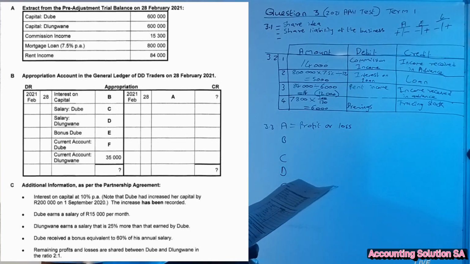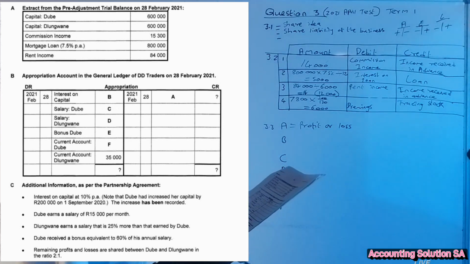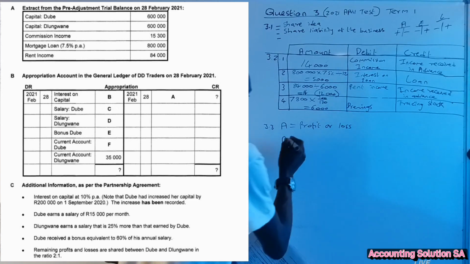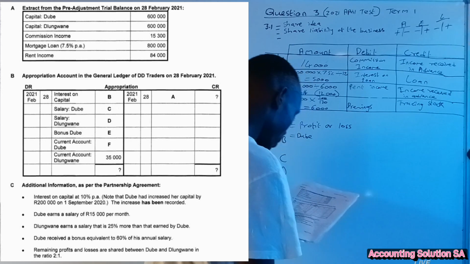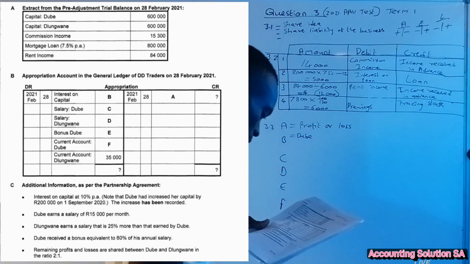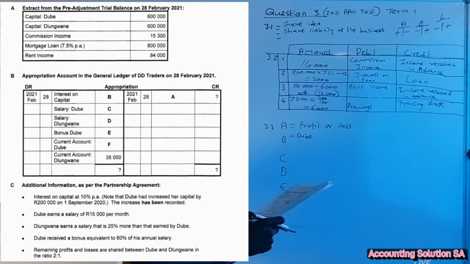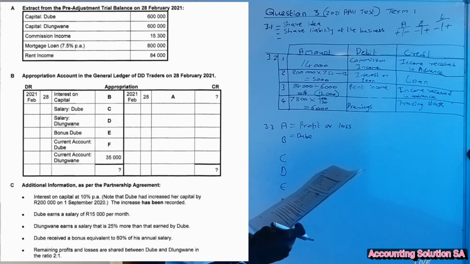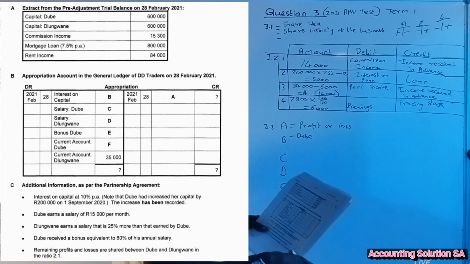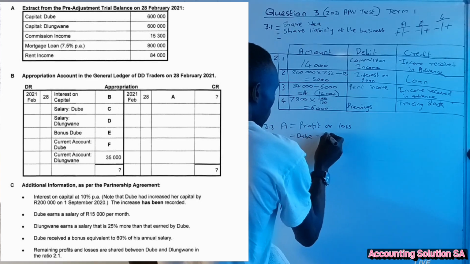Number 1, they said interest on capital at 10% per annum, and note that Dube increased capital by 200,000 on 1 September, and this capital has been recorded. Okay, let's start with Dube. Dube is the one that they said increased his capital. In total, it was 600,000. Before he increased by 200,000, it was 400,000.